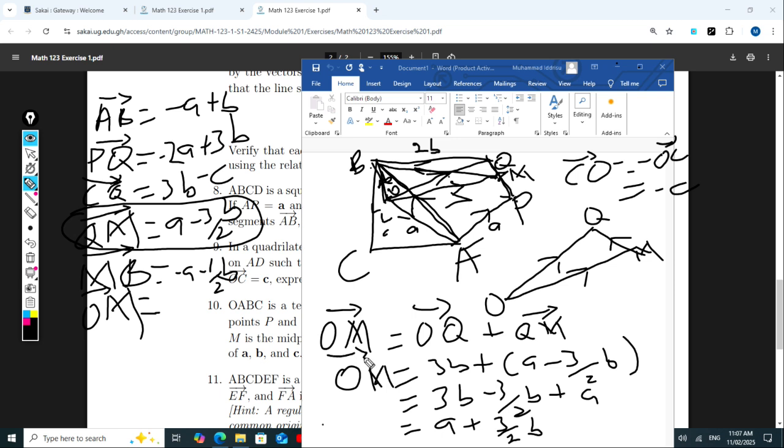OM is this. So therefore our OM is a plus 3 over 2b. And this is all the question 10 is asking you to do.